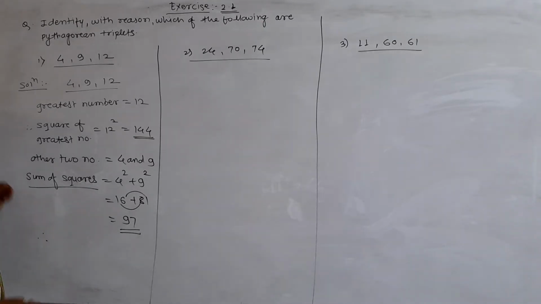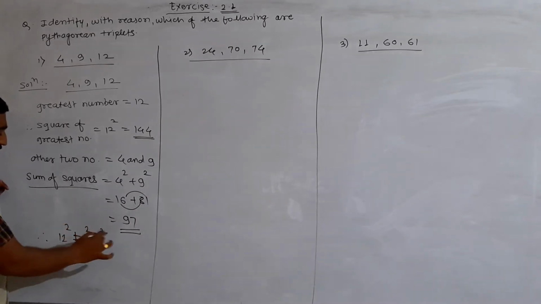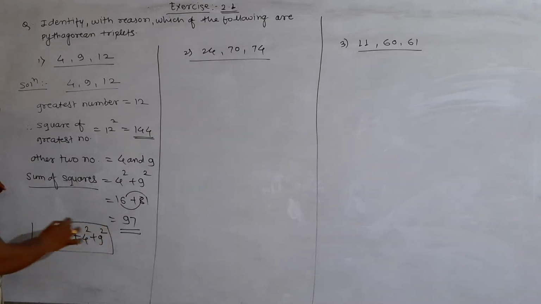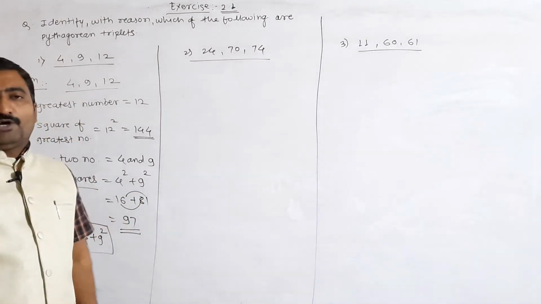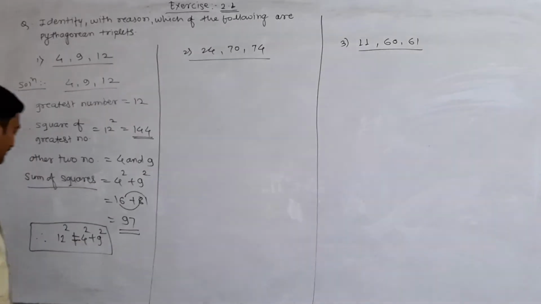Therefore, we can say that 12 square is not equal to 4 square plus 9 square. It means the square of the greatest number is not equal to the sum of squares of the other two numbers.